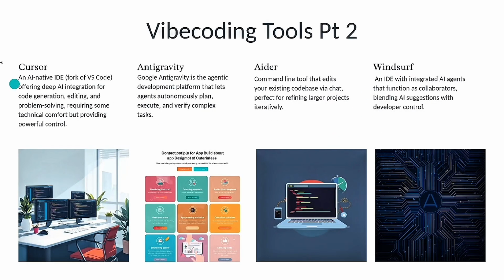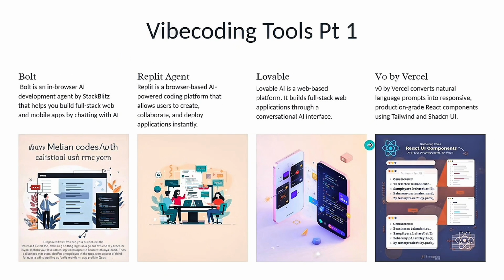We also have the likes of Cursor, Antigravity, Ada, and Windsurf. The interfaces of these tools are much more advanced, yeah, advanced is the right word, not complicated. They are more advanced than the previous ones, which are Bolt, Lovable, Replit, and V0.